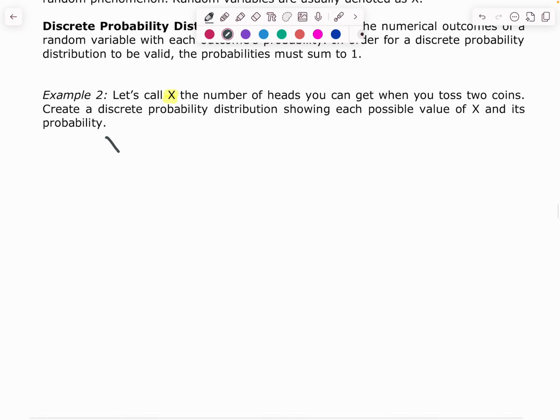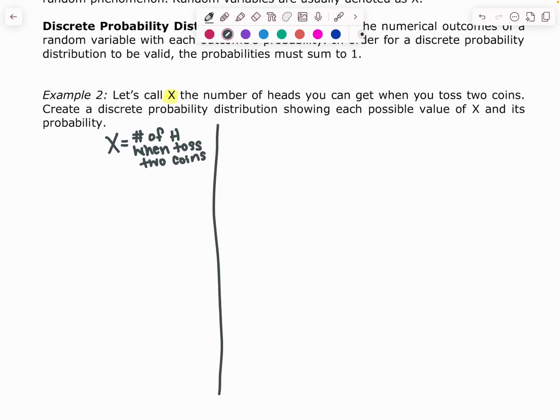The first column of the table is going to be our random variable X, and X is going to represent the number of heads when you toss 2 coins. And then the second column is going to be the probability of X. So the probability that you see that many heads.